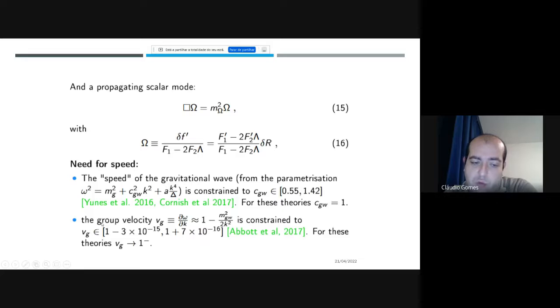As for the group velocity, which was highly constrained by data, it had to be really close to the speed of light. These theories predict a value really close, by small values, to the speed of light, in units where the speed of light is 1, okay? So it was quite interesting to see that this model passed the then-recent constraints on gravitational waves.